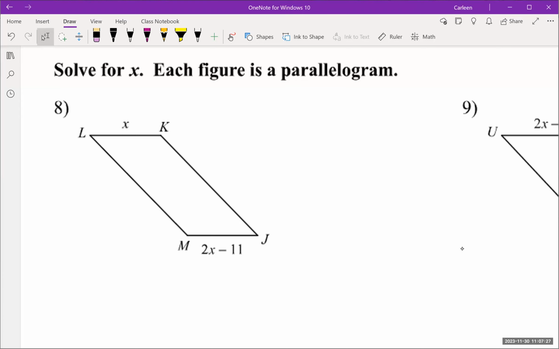The angle of rotation: 1, 2, 3, 4, 5, 6, 7, 8. So n equals 8. It's 360 to go all the way around, divided by 8. 45? So this one would be 360 divided by 1, 2, 3, 4, 5.